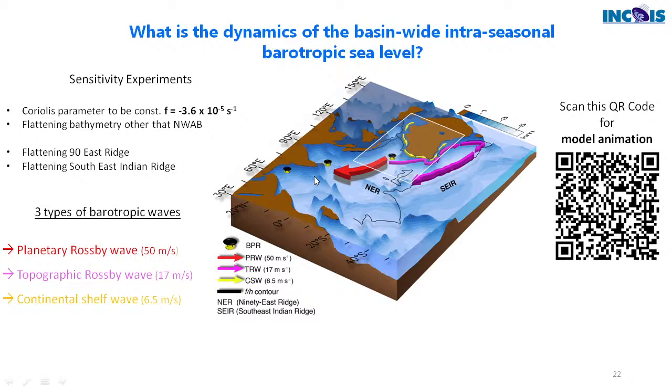Then the topography can be overcome, and it travels through the ridges towards the Arabian Sea. So the generation of this wave requires a planetary origin.